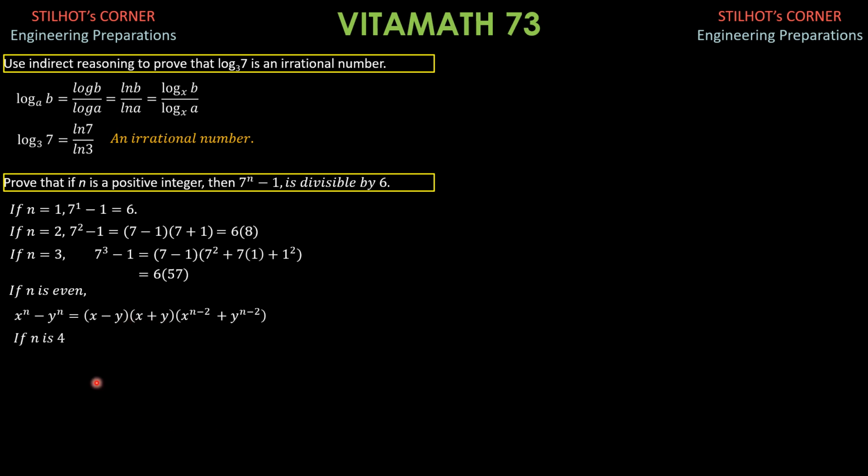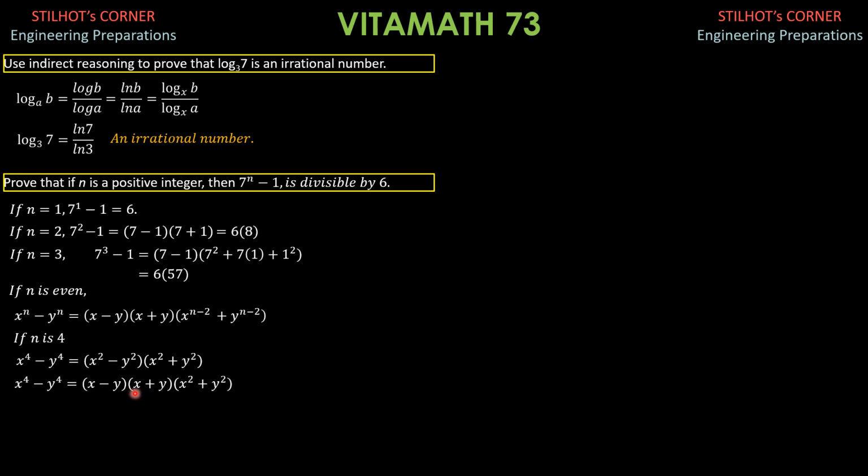So if n is 4, for example, it is x squared minus y squared, then times x squared plus y squared. X squared minus y squared is a difference of two squares. Factors are x minus y, x plus y, then the quantity x squared plus y squared.